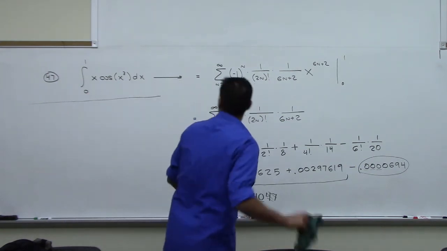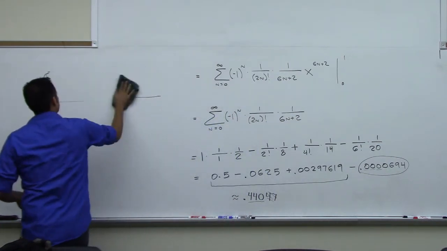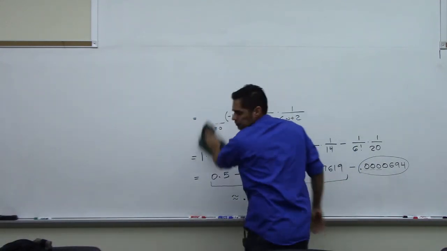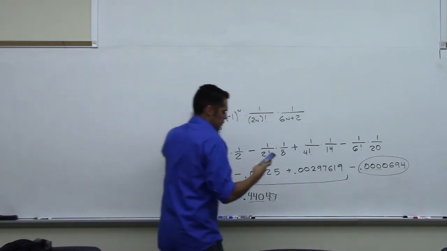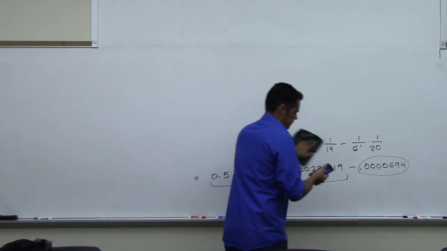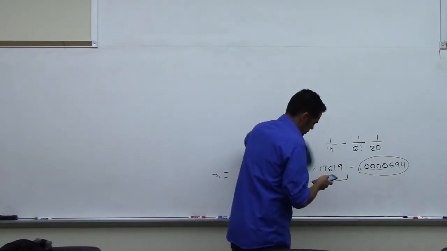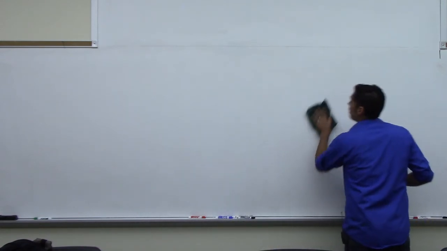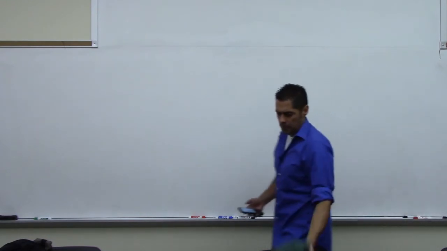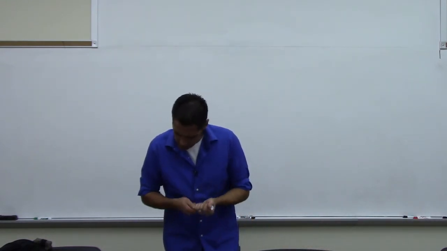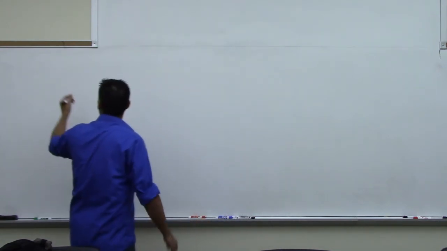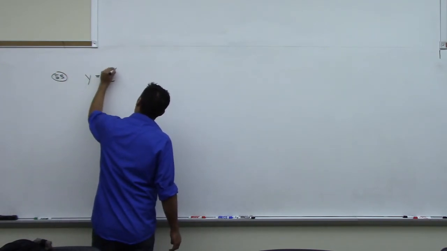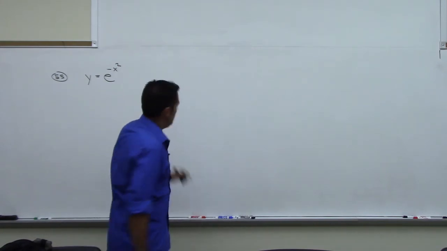Let's look at number 55. So number 55, you get y equals e to the negative x squared times cosine x.